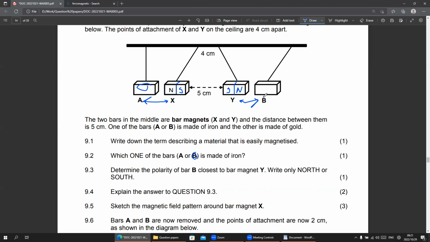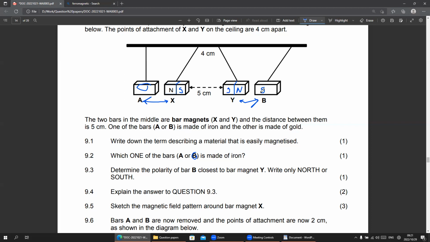But B is being attracted towards Y, meaning it's being attracted towards the north pole. And the pole that is attracted to the north pole is your south pole.